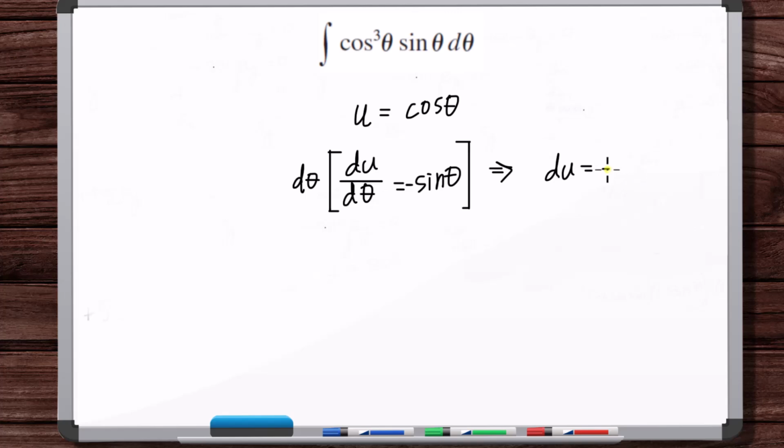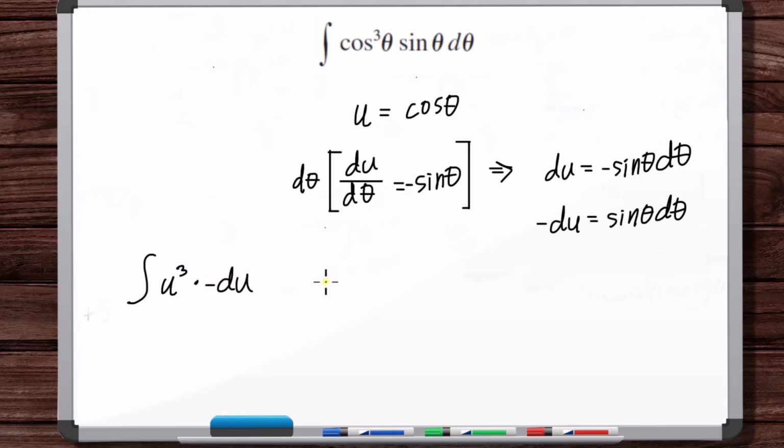So du is equal to minus sine theta d theta. Okay, so minus du is equal to sine theta d theta. Now we can make the substitutions, and so you've got u cubed times minus du.